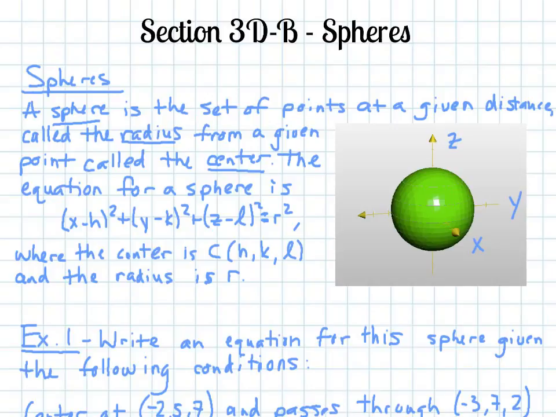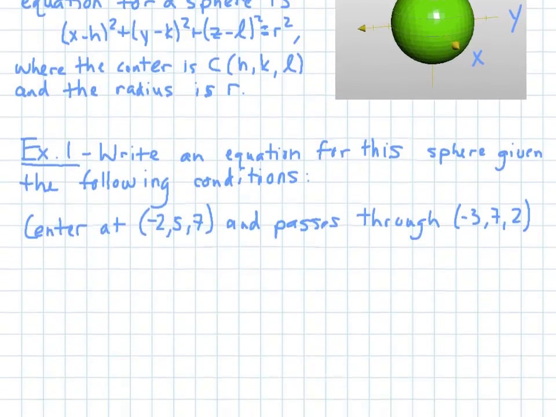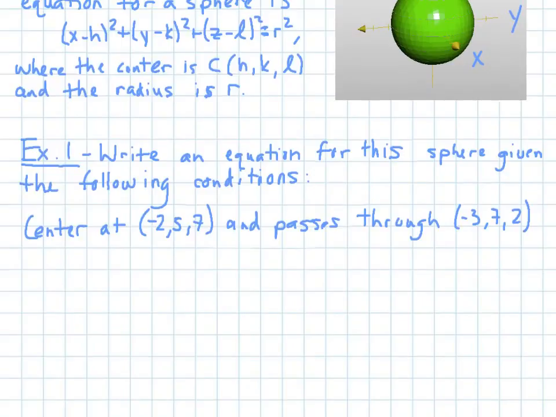So if I want to write an equation for a sphere given some conditions, you're given the center and a point that the sphere passes through. Using those two points, you can use the distance formula to find what r should be. r is the distance between the two, like the definition states.